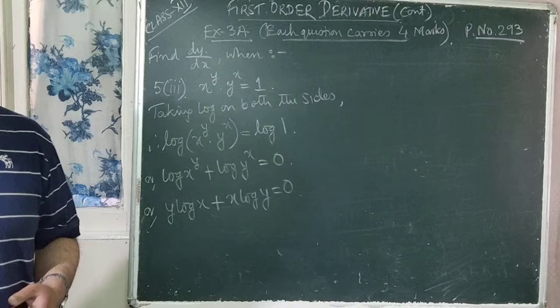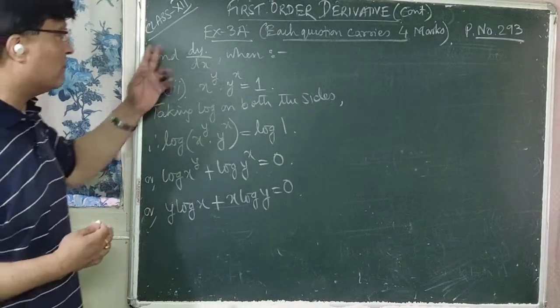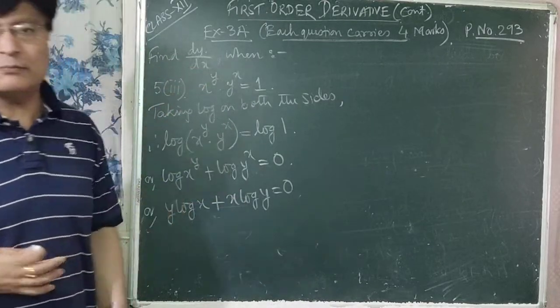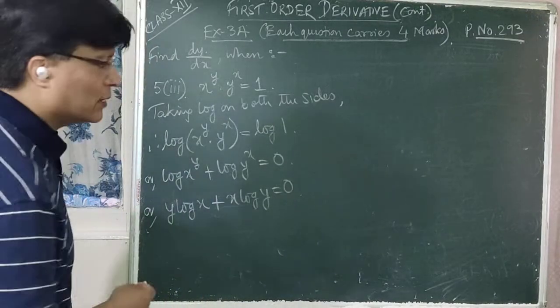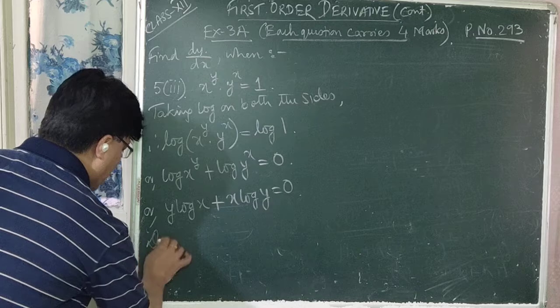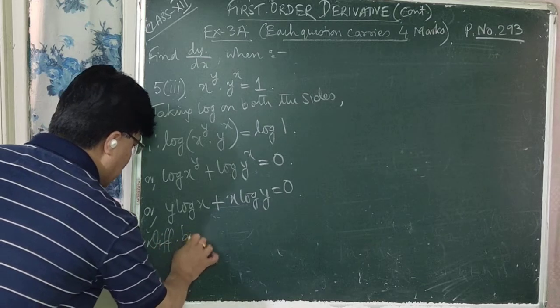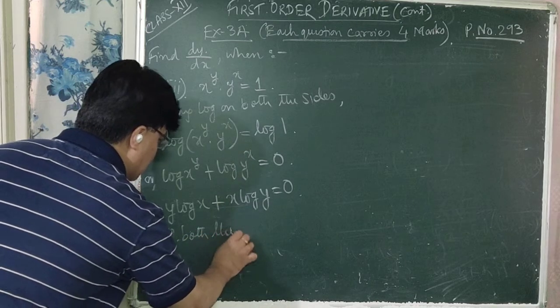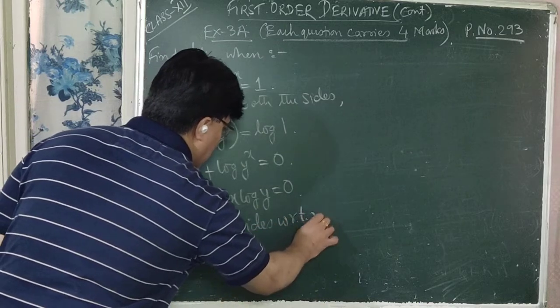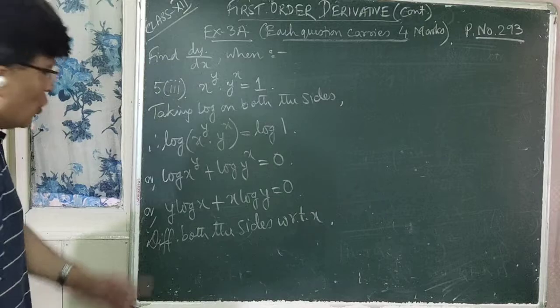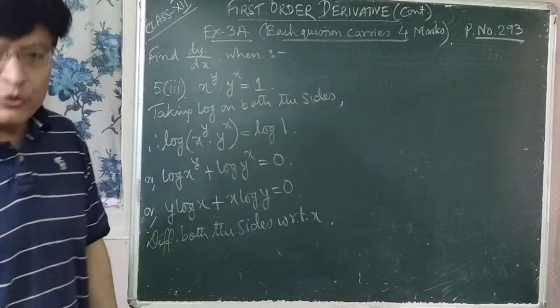Now you can get the value for dy by dx. Since you have to get the value for dy by dx, you have to differentiate both the sides with respect to x. In this case, both x and y are the variables. So differentiating both the sides with respect to x, y log x is there. You have to use the UV rule.